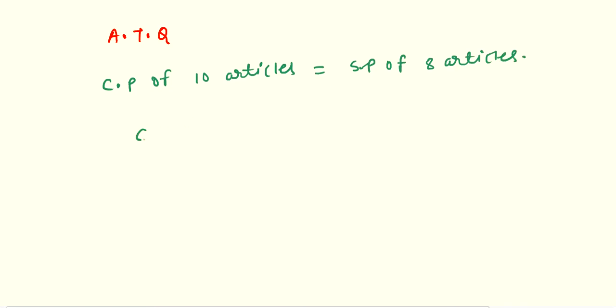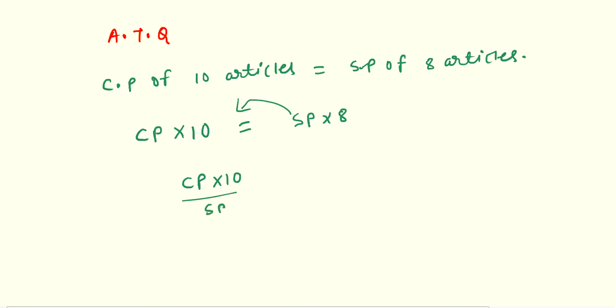So we can write this as CP into 10 equals SP into 8. Now transpose this SP to the left hand side. So CP into 10 upon SP equals 8. Now transpose this 8 to the right hand side.